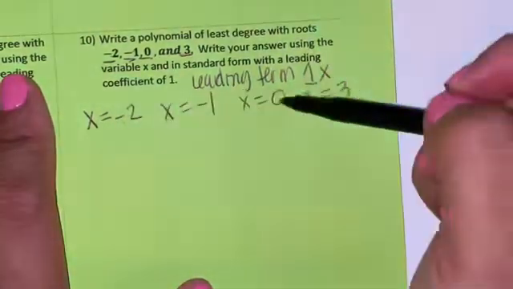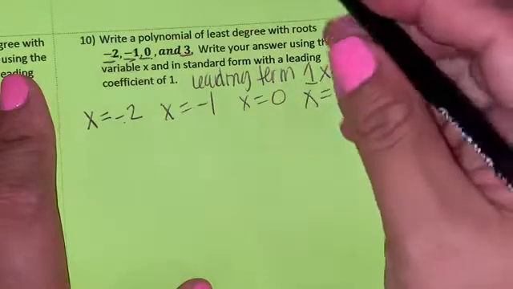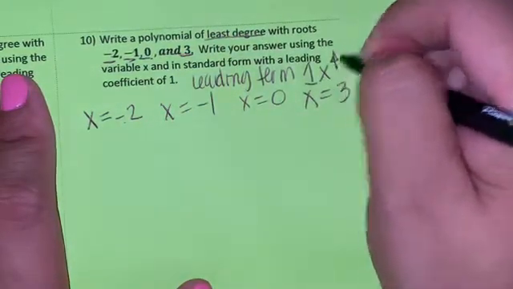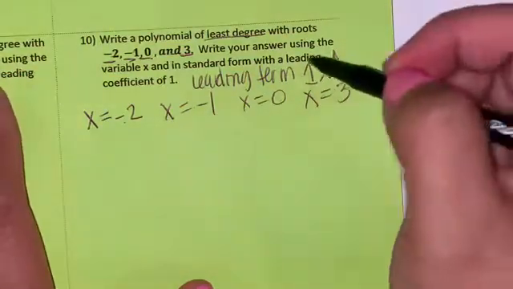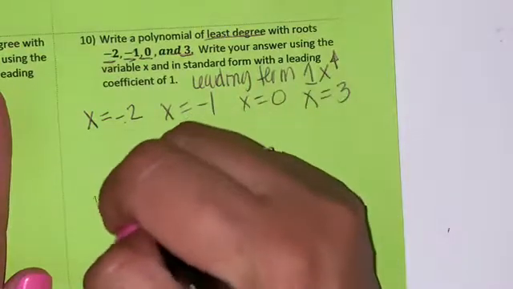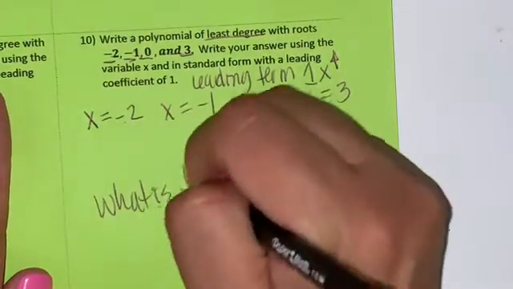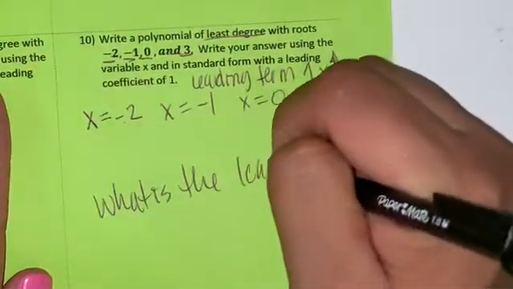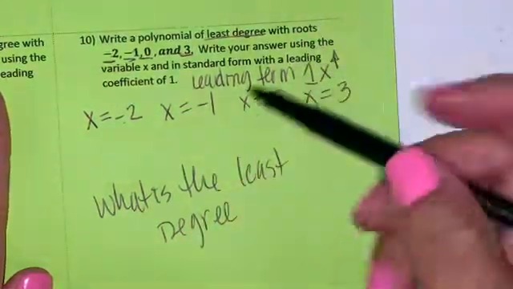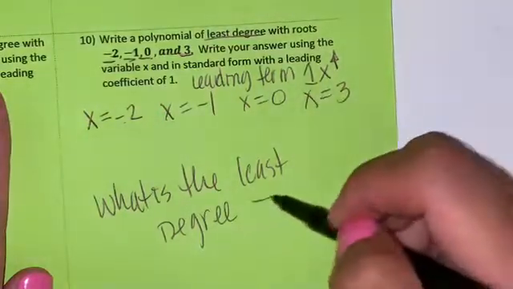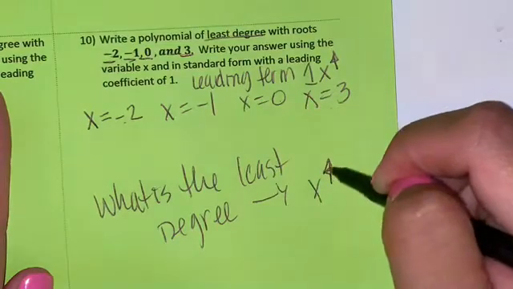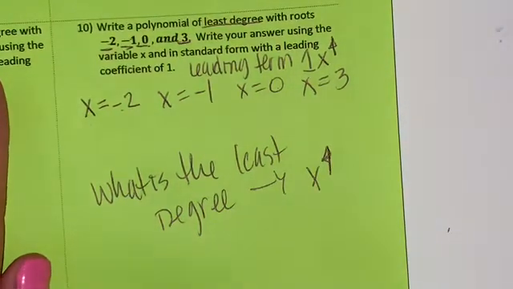I have 1, 2, 3, 4 roots. So when it says the least degree, it's going to be 1x to the 4th. And that's the least degree that I can do. So if we had a test and I asked what is the least degree, and I gave you this, in this case it would be x to the 4th. Okay? See you in class.